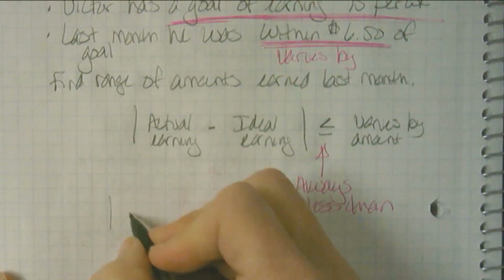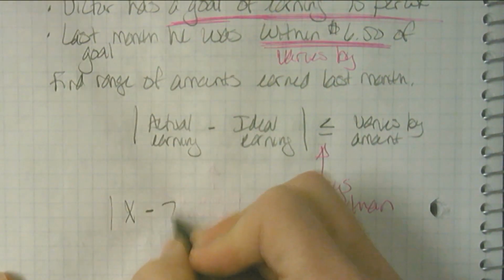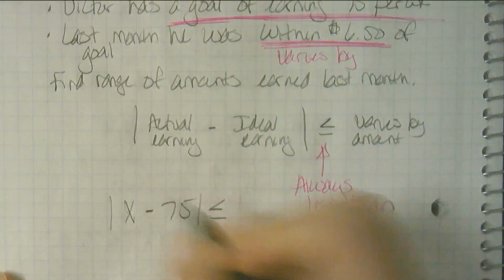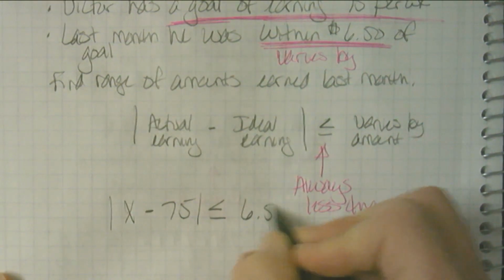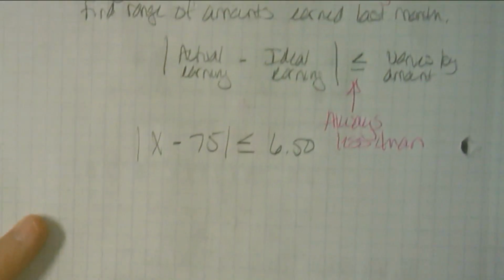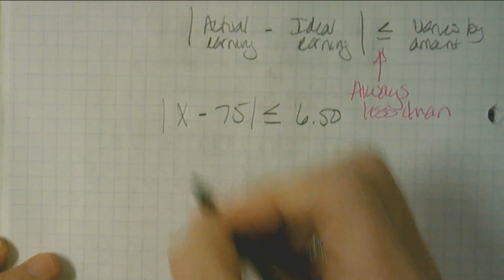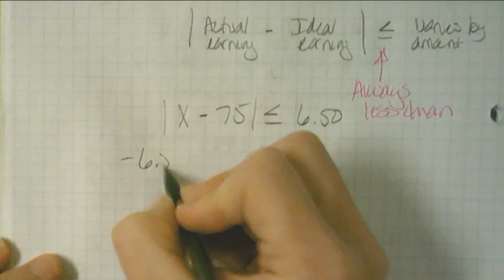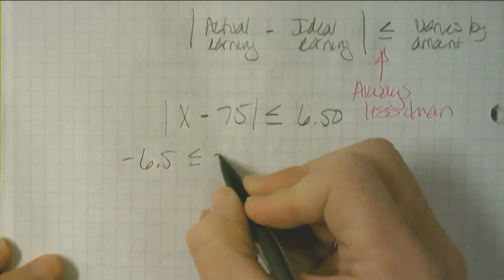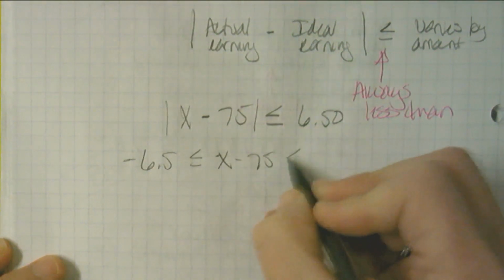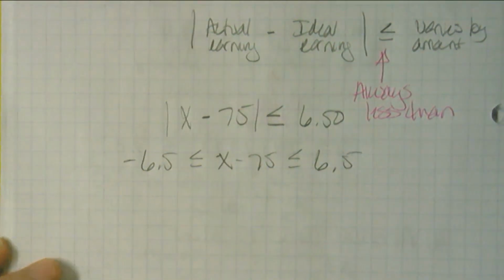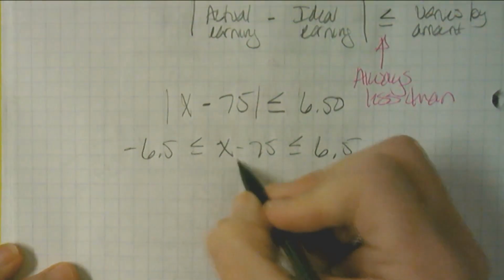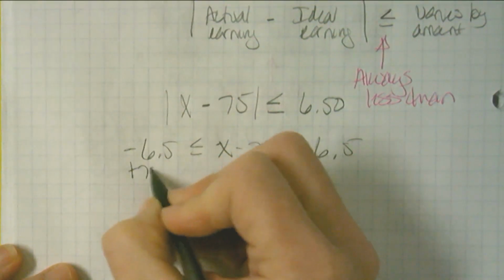So if I set this up, it's going to be x minus 75. That absolute value is less than or equal to $6.50. Now we split this. Negative 6.5 is less than or equal to x minus 75, which is less than or equal to a positive 6.5. So I'm going to add 75 to all the sides.